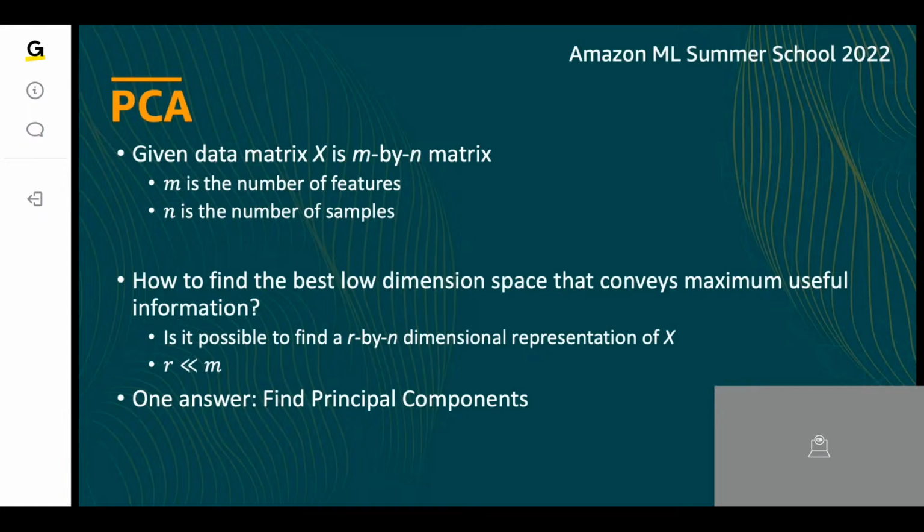You are asking whether there is a smaller dimension R such that, if I had only that much space to represent my matrix or the information about it, I can still have minimal information loss. I'll also show you examples of what PCA can achieve in terms of image compression and other interpretable results.